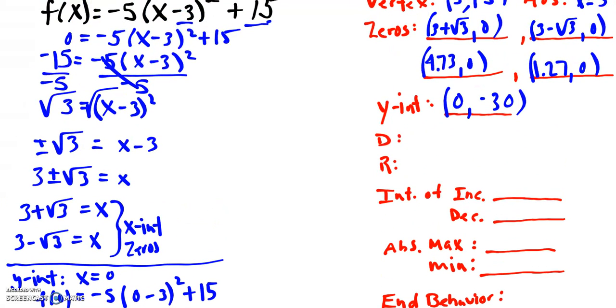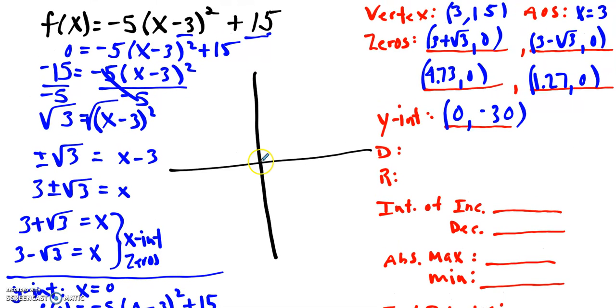All right, let's graph it right here. So my vertex is, let me go back up, (3, 15). So 1, 2, 3, 4, 5, 6, 7, 8, 9, 10, 11, 12, 13, 14, 15. My zeros are 4.73, so 1, 2, 3, 4, so somewhere around here. The other one's at 1.27.